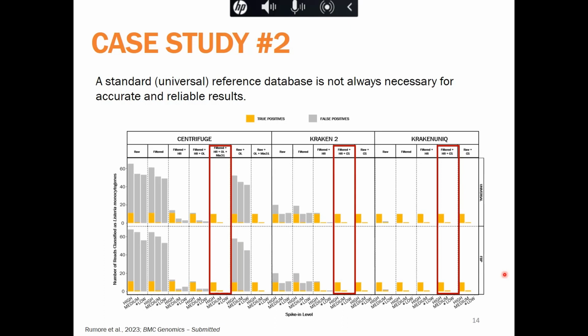We found that you were able to achieve equivalent classification performance using a smaller, foodborne pathogen-specific reference database when the appropriate quality control measures, classification software, and analysis parameters are applied. Overall, this approach was less computationally demanding and more attainable for the broader scientific community. You can see that when we applied the appropriate parameters, no matter what tool we used, we ended up getting the same answer. So that was great.